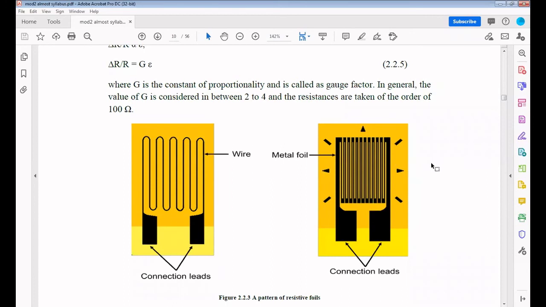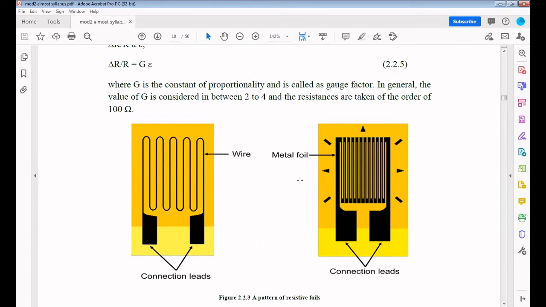That is the difference. This type of strain gauge is also one type of sensor. These sensors can be used especially to find problems inside machineries.